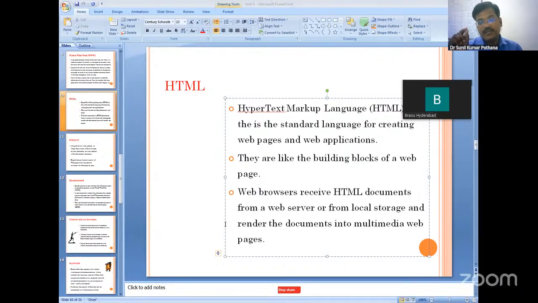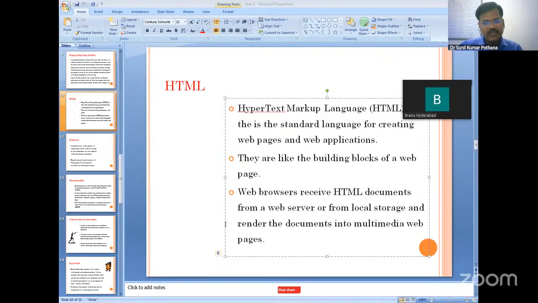There is some coding, and it is given in JavaScript. Right? The HTML language is like the building blocks of a web page.